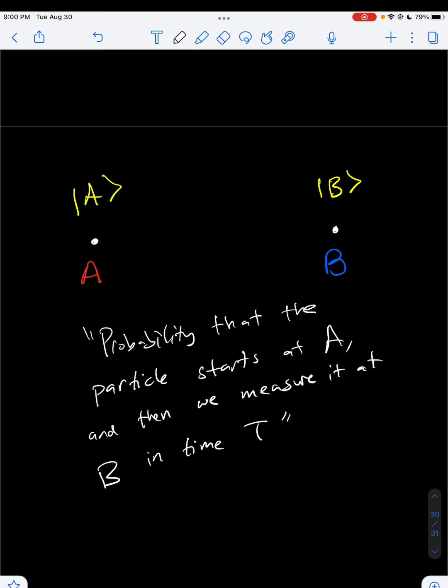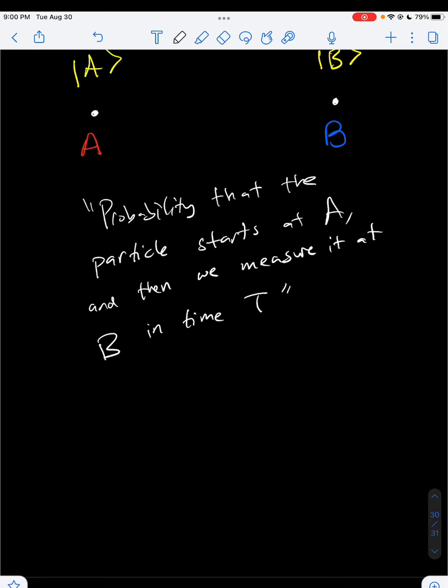So it starts at A, some time passes, and then we measure it again, and we say, oh, it's at B. How do we calculate that? Well, it's basically the same thing. It's going to be the inner product of B and A of t.